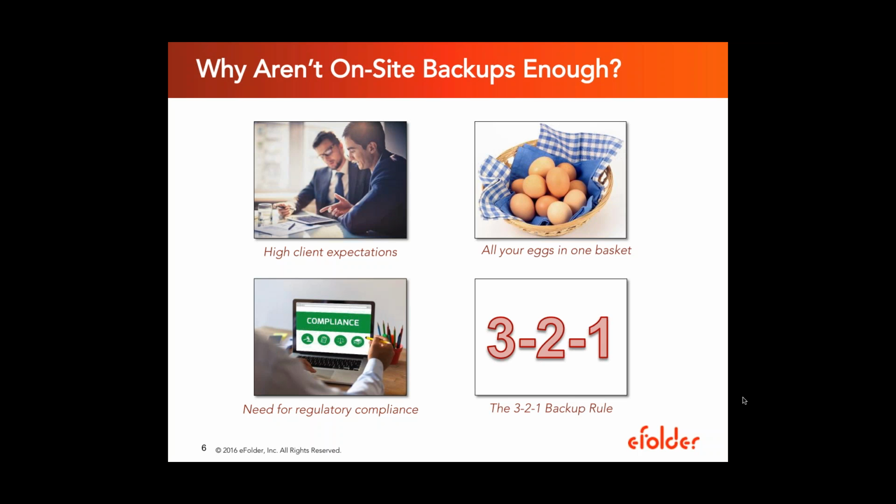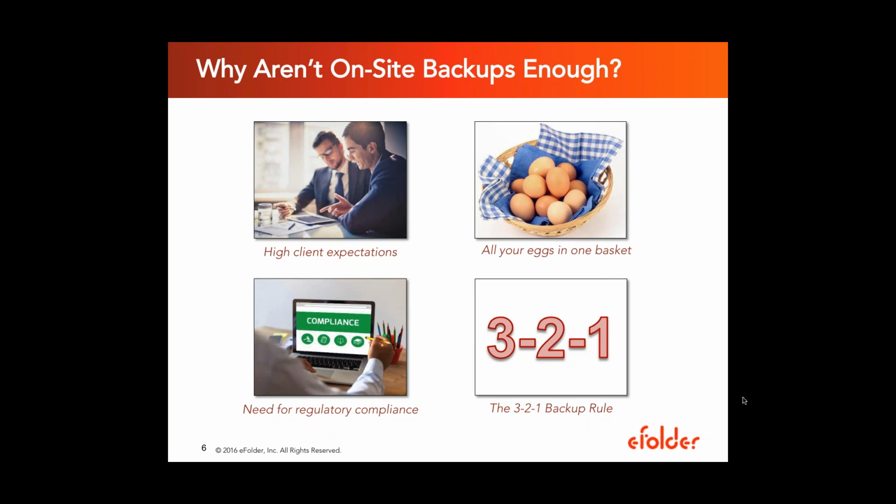And finally, the all too important 3-2-1 backup rule. Now, for those of you unfamiliar with this, it's kind of an industry-wide term that talks about how there's a need to have 3 copies of your data available at all times on 2 different types of media and have 1 backup offsite.